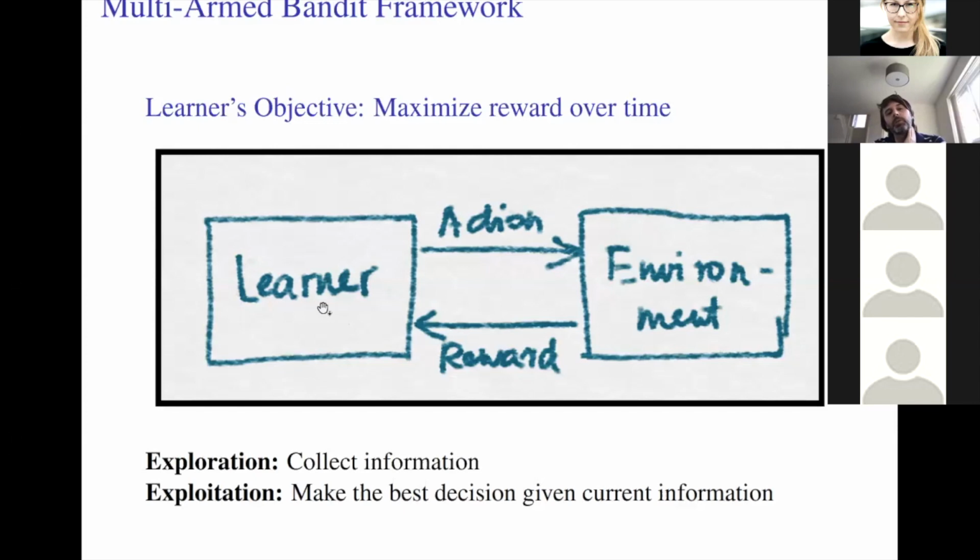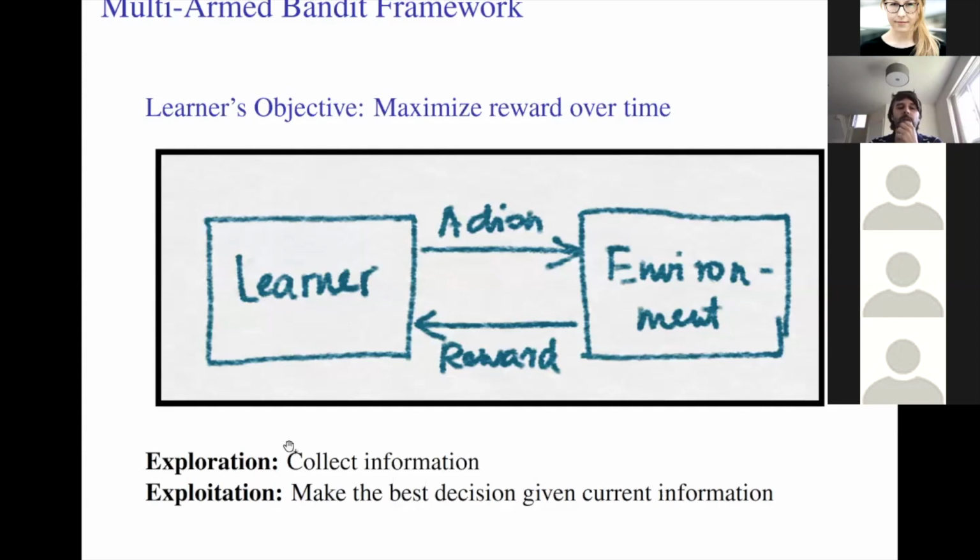You have a learner which interacts with an environment, so it passes actions to the environment, gets payoffs or rewards back, and tries to use that to infer properties of the environment. Generally in these settings, like in reinforcement learning, you're interested in maximizing your reward over time. The key problem in these kinds of bandit problems is usually the exploration-exploitation trade-off.